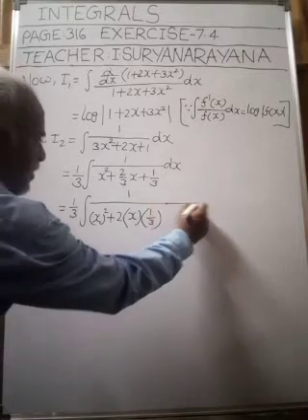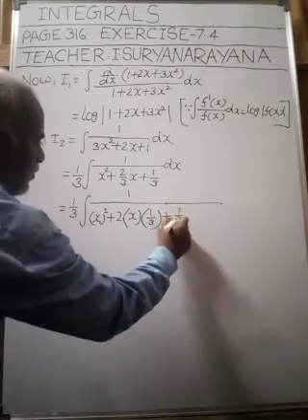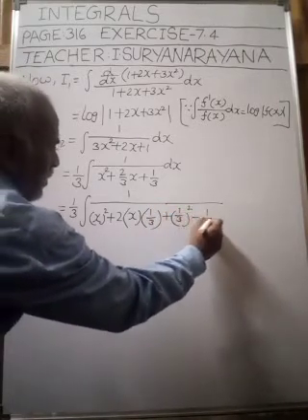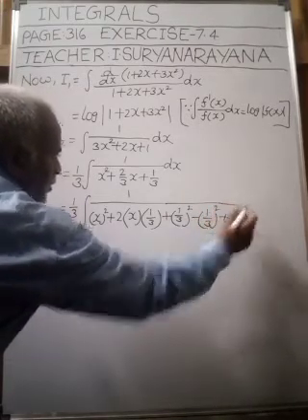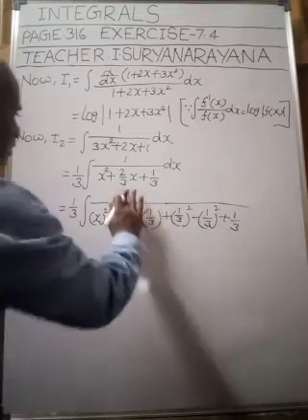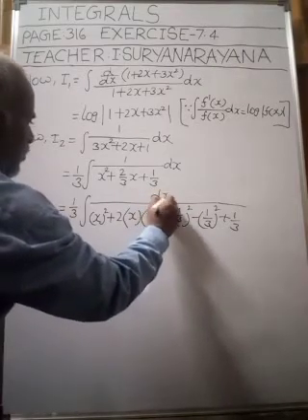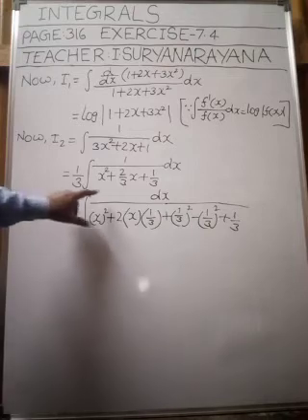So plus 1 by 3 whole square minus 1 by 3 whole square plus 1 by 3 dx. I will write here in the numerator dx. Understood this step, my children?